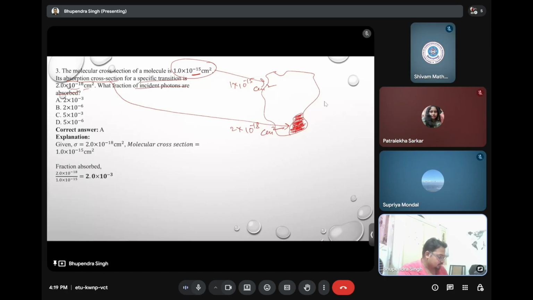It is just the ratio of this portion to the overall: 2 into 10 to the power minus 18 centimeter square divided by the full molecular cross section, which gives 2 into 10 to the power minus 3. This will be the ratio only.